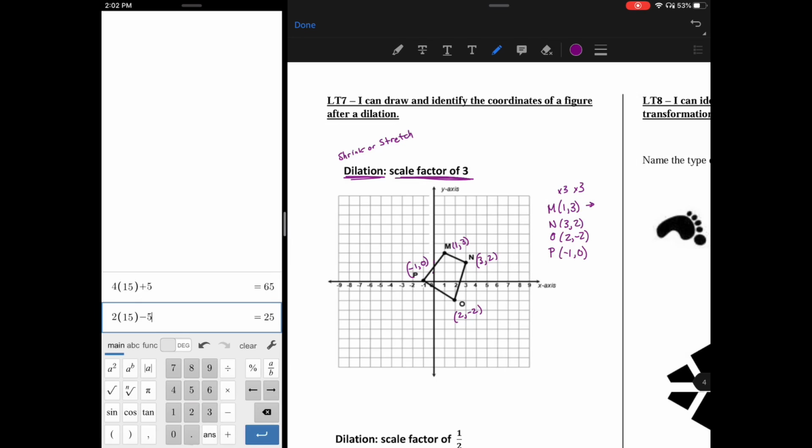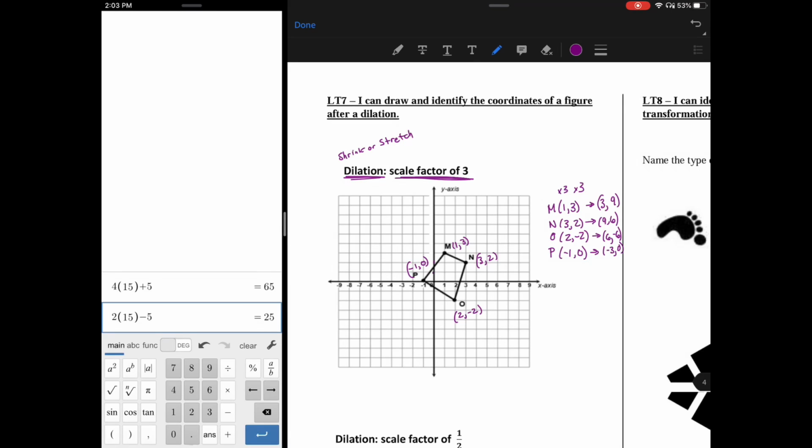So point M, 1 times 3 is 3, and 3 times 3 is 9. For point N, 3 times 3 is 9, and 2 times 3 is 6. For point O, 2 times 3 is 6, negative 2 times 3 is negative 6. And for point P, negative 1 times 3 is negative 3, and 0 times 3 is still 0.